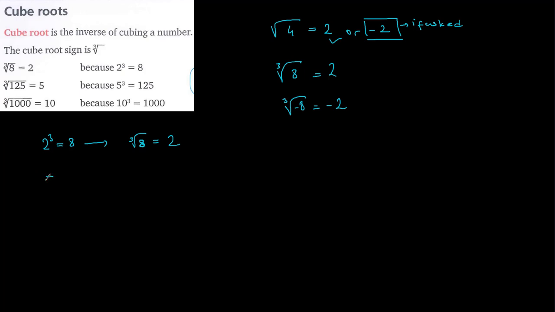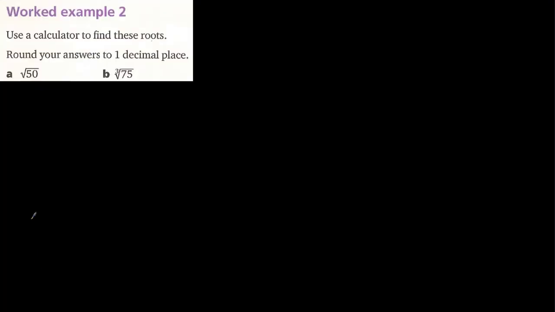So we know that 5 cubed is equal to 125. That means that the cube root of 125 should be equal to 5. Okay, so by using the calculator, find the roots, because this is not specific.